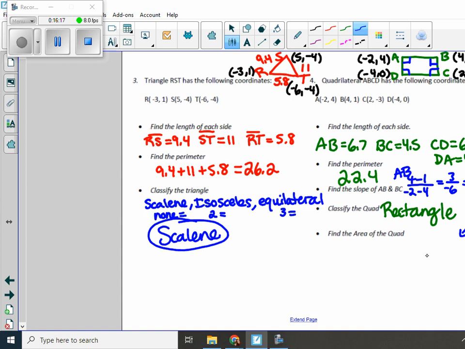Since I'm running out of room, I'll go down here. Okay, if we got BC, that's these two. What's y minus y over x minus x for these two? 1 minus a negative 3 over 4 minus 2.